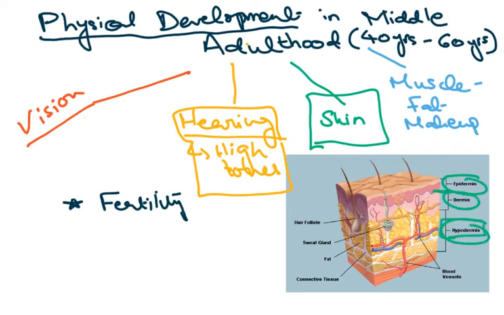The hypodermis is made up of fatty cells, and this is what gives your skin its elasticity. But as you age, the fatty deposits that make up the hypodermis start to decline, and that results in a decrease in elasticity of the skin and increased wrinkles, right?